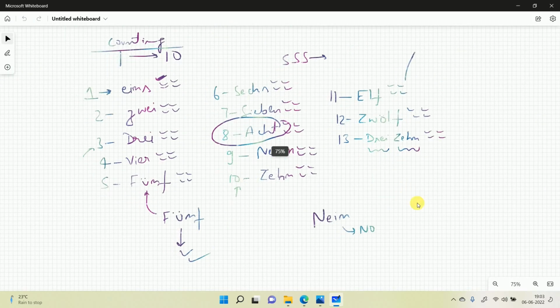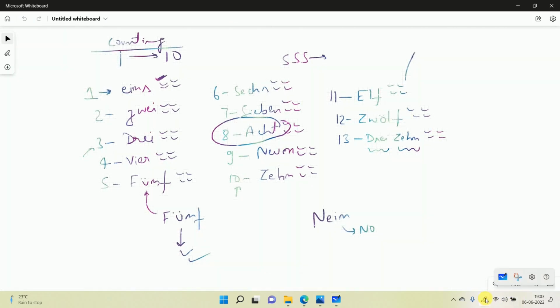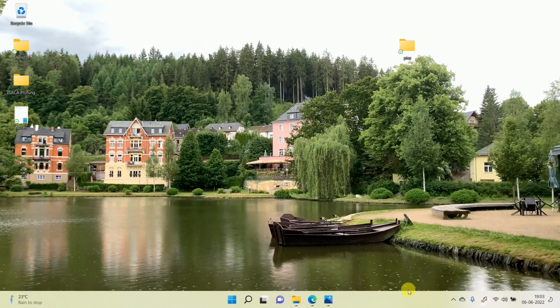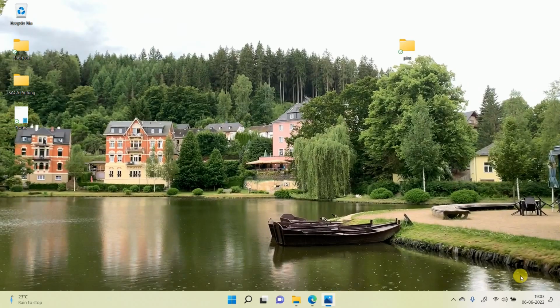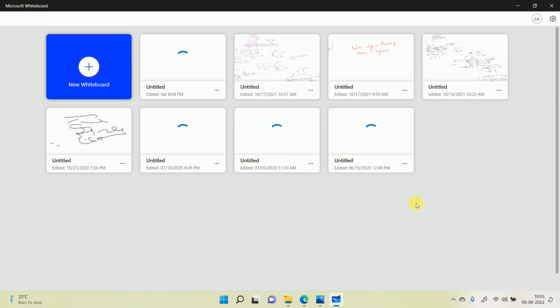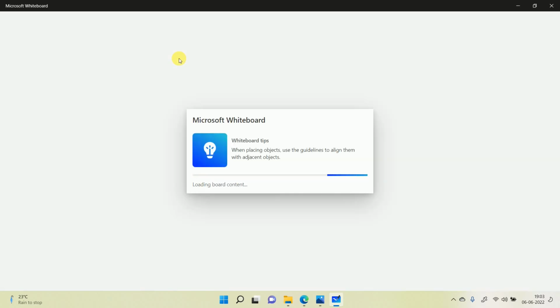Zwei. Drei. Vier. Fünf. Sechs. Right. Sieben.